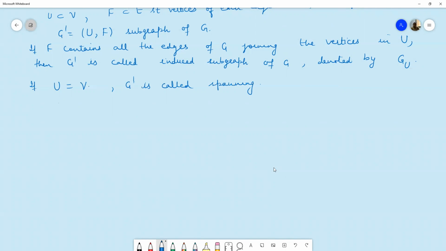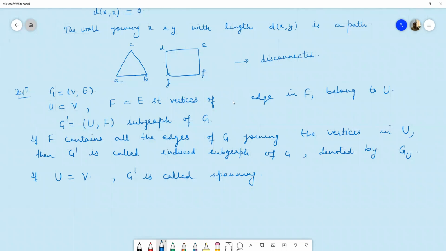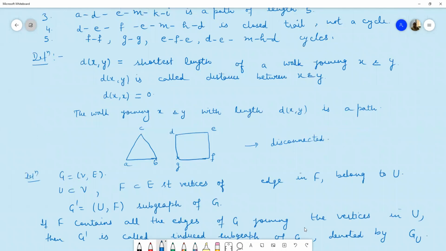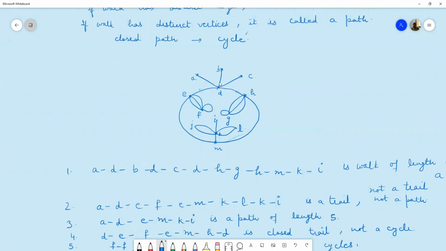And now again we take the example which we have drawn above. This example, this graph.